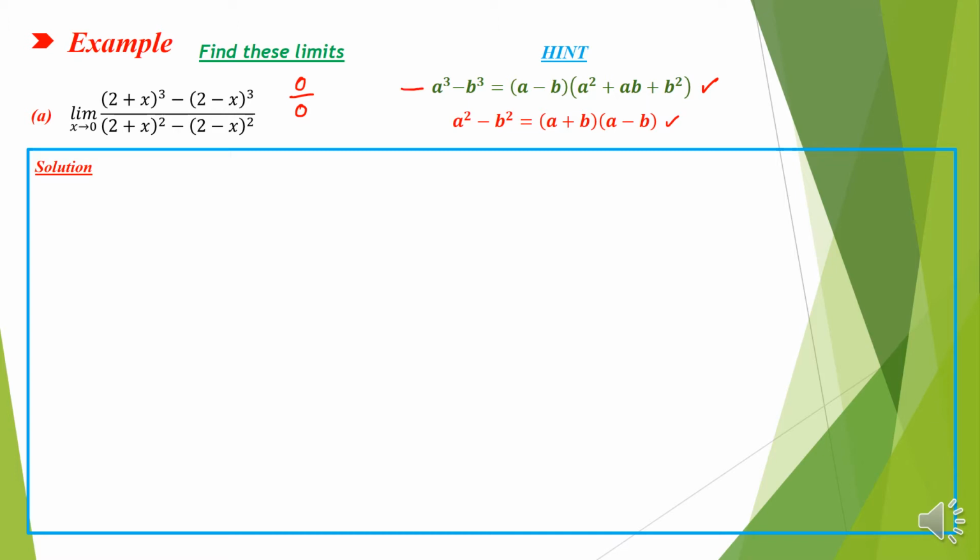So in difference between two cubes, here in numerator we have this quantity which is 2 plus x as a and 2 minus x as b.